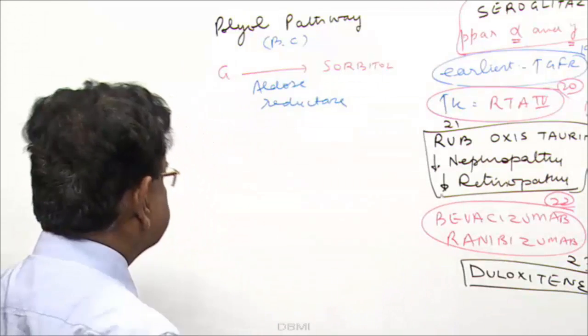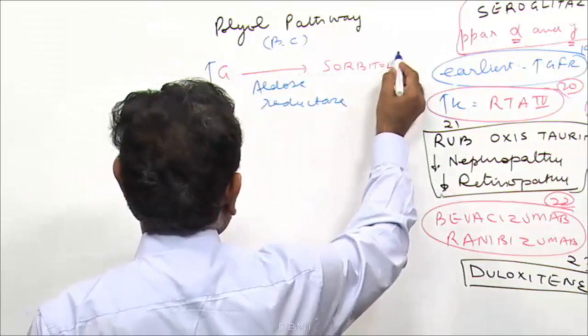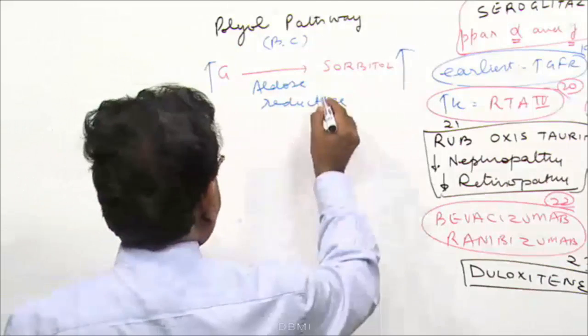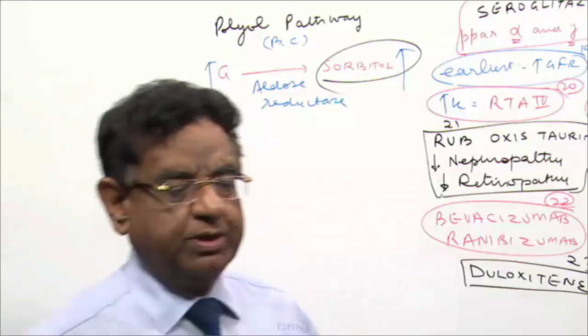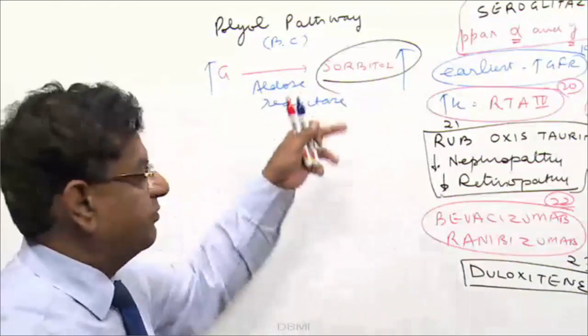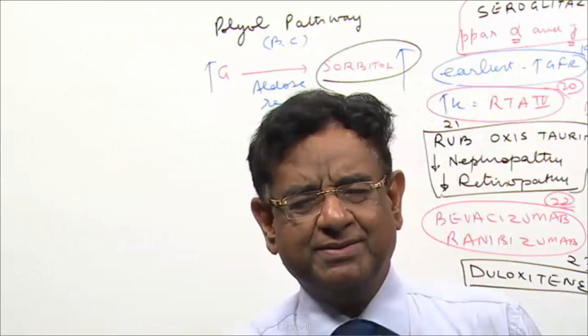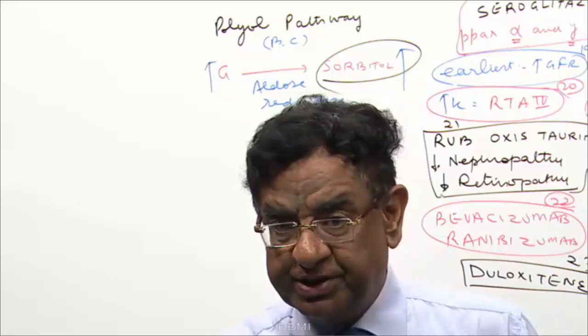In diabetes, a large amount of glucose is there, and that produces a large amount of sorbitol. And sorbitol acts like a tissue toxin. So it's a high amount of sorbitol which is responsible for many of the diabetic complications. This reaction they knew for the last 50 years.